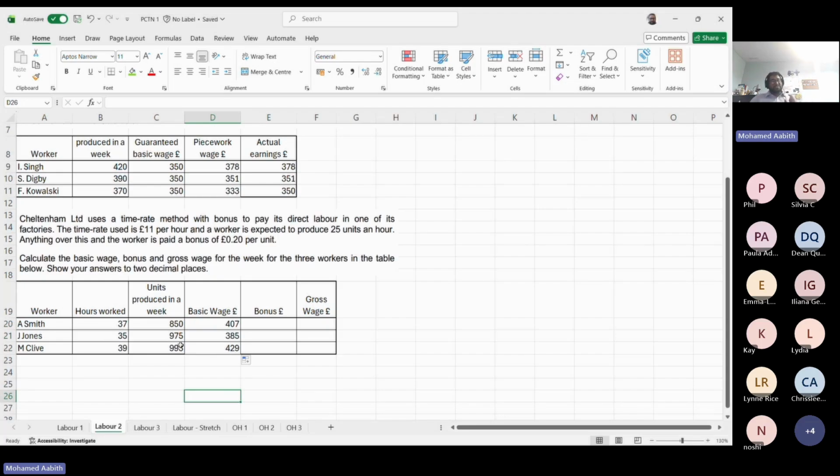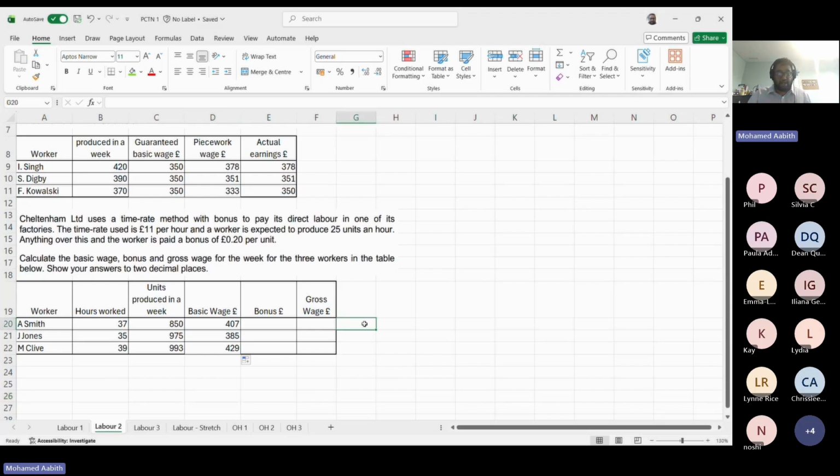The problem is now I need to find out, did they produce enough? So we need to calculate their expected amount of production. That means for every hour they have to make 25 units. So for the hours they worked, how many units should they have produced?